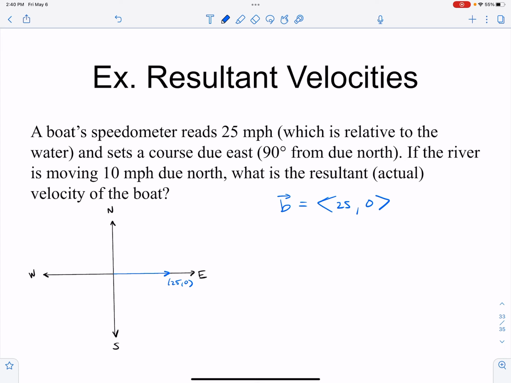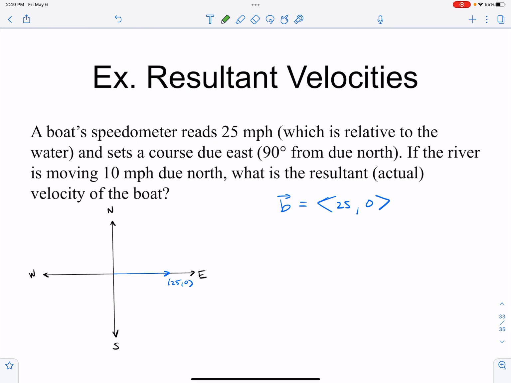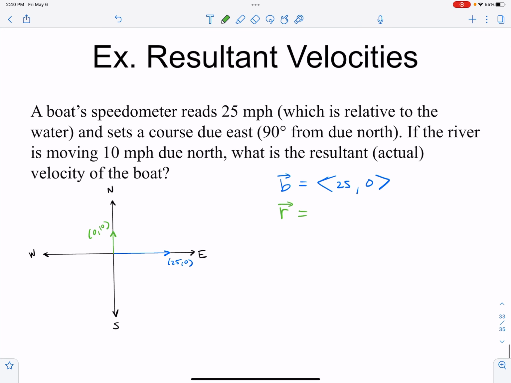The next vector quantity will be the velocity of the river. So call that vector R. And the river is moving 10 miles per hour due north, so pointing up. So the point where it terminates would be 0, 10. In component form, that would be <0, 10>.